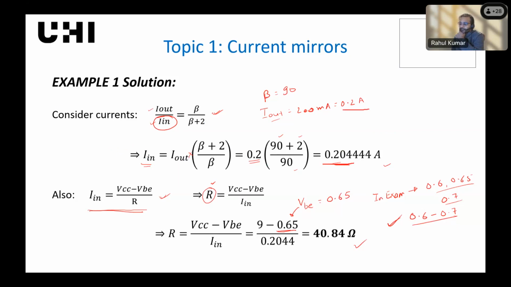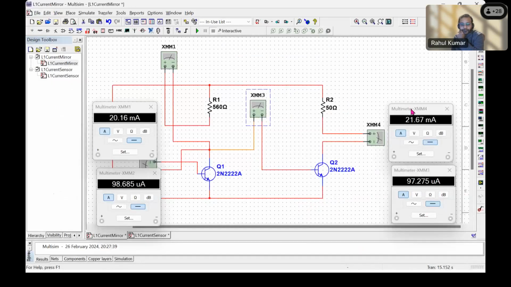But in the circuit, this is my input current, which is smaller than the output current. In the Simulink circuit or in the Multisim circuit, my output is slightly more than the input. But in the calculation, we are getting the other way around.